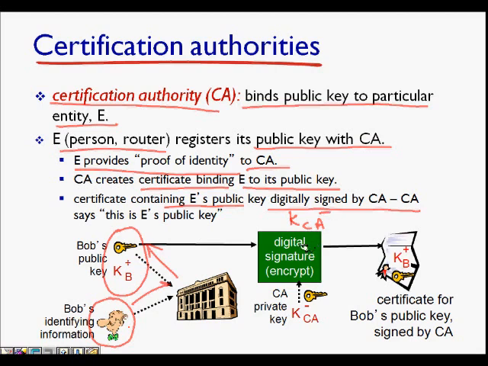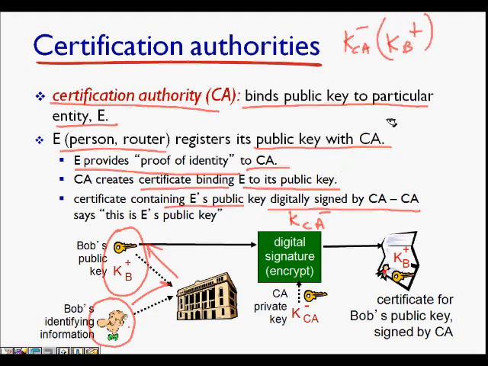Everyone trusts the certification authority, and it is not going to fake or do anything mischievous. So it signs the public key of Bob with KCA minus.